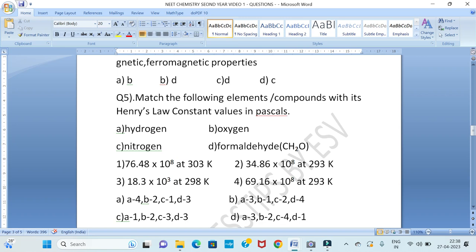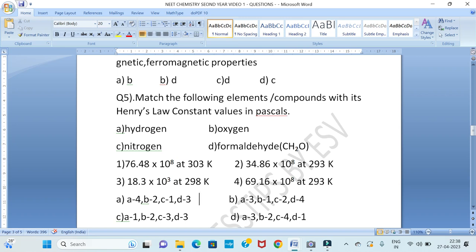The answer is A. A4: hydrogen is 69.16 into 10 to the power of 8 at 293 Kelvin temperature. That is the Henry's law constant value.